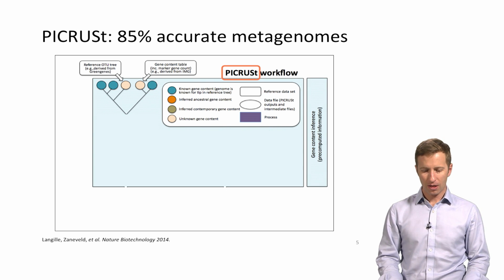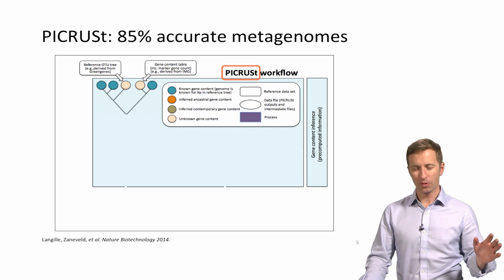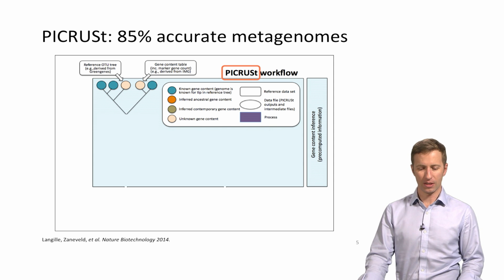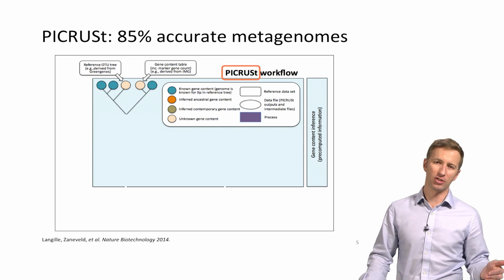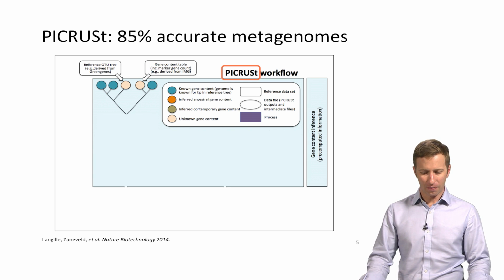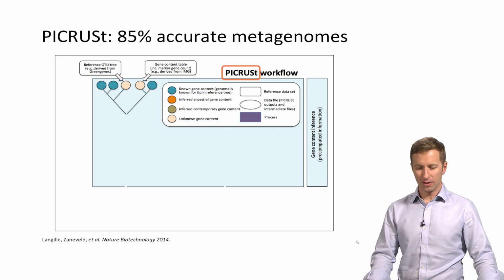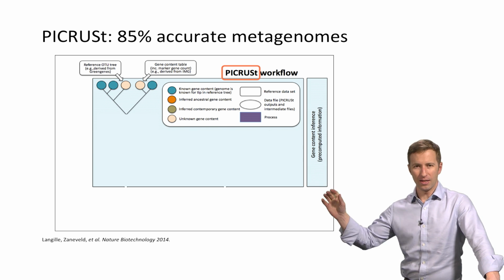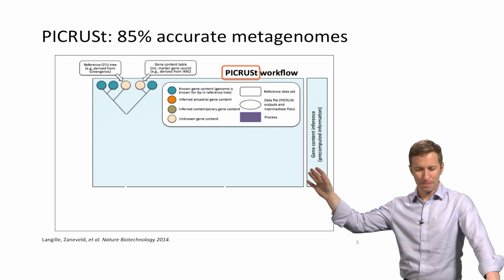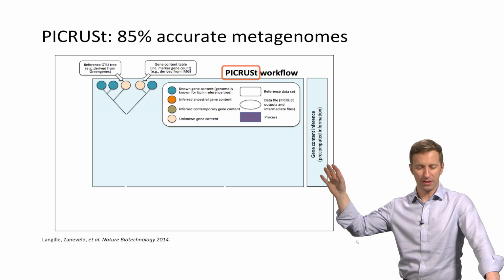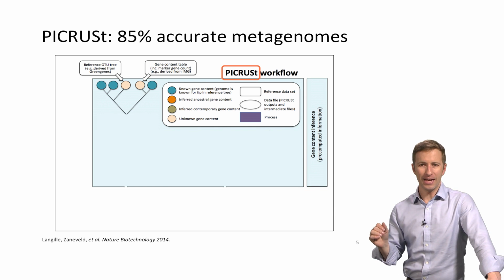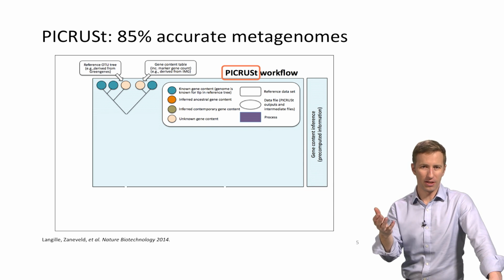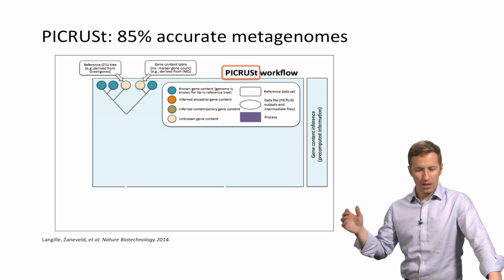So PICRUSt provides somewhere between 80 and 85% accuracy for predicting the full metagenomic repertoire in the human gut. And the way it does this has a number of steps, so I'm going to break it down. In the first step, we take a tree of all of the known taxa and all of the taxa that are observed in your sample.